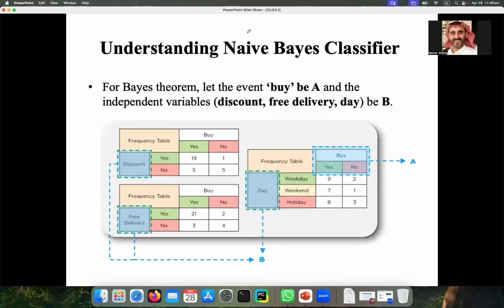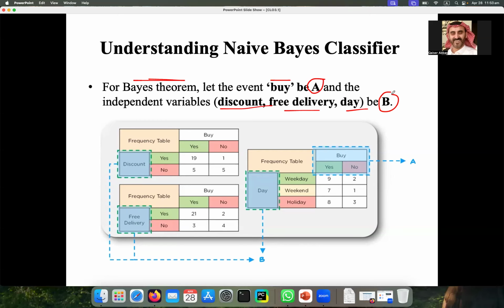So now, according to Bayes' theorem, for this data, we are assuming that our buy or purchase is A. And our independent variables, discount, free delivery, and day, we are calling them B, because now we want to get close to our equation.